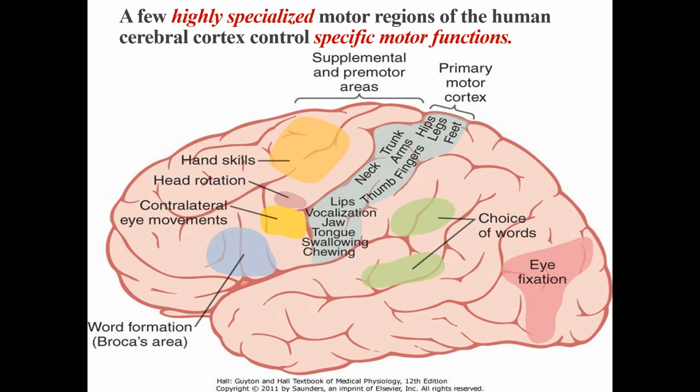You can see Broca's area, the word formation area, in the lower portion of the frontal lobe. You can see the hand skill areas, then head rotation areas, and the contralateral eye movement areas lying there in the human cerebral cortex.